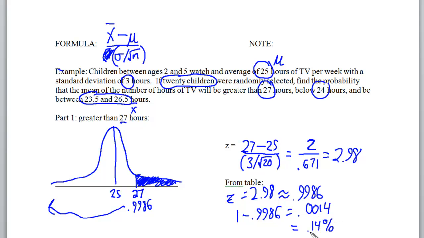So not very likely. It's not very likely that we'll pick 20 students at random and have their average being above 27 hours of television that week.